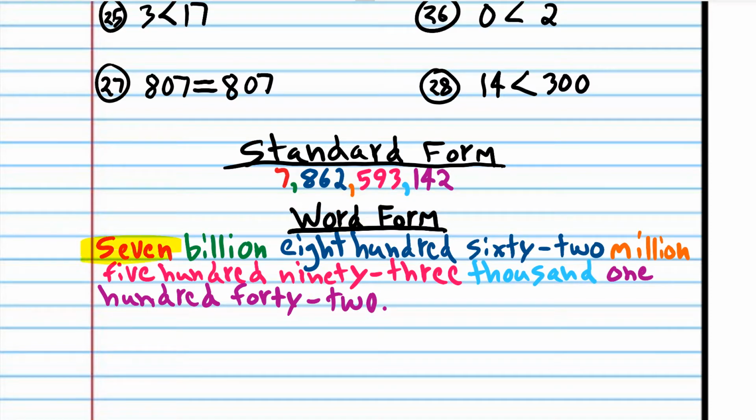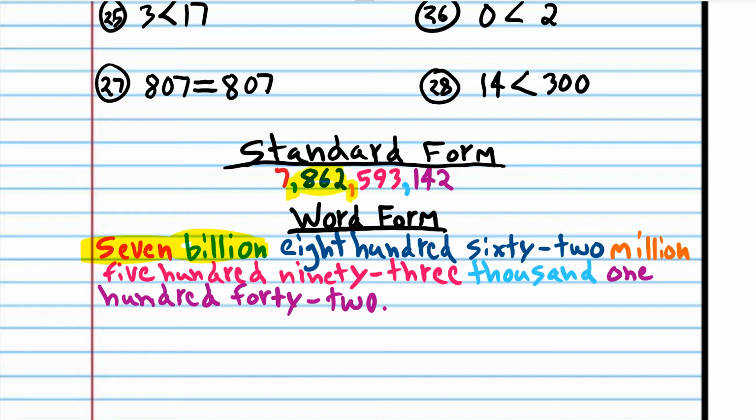7 billion. Remember, you always say the period name right when you see the comma. For example, this comma, you would say million. You would always say the name of the period that precedes it.